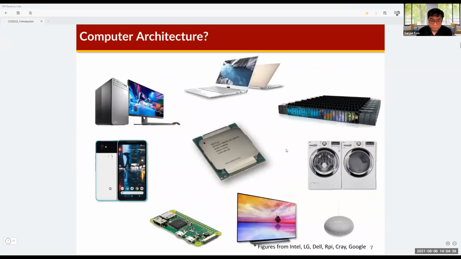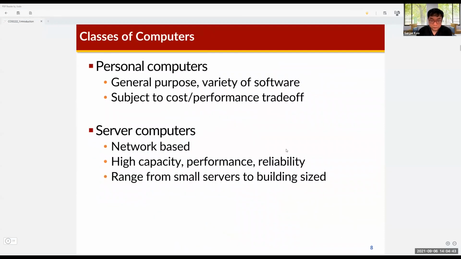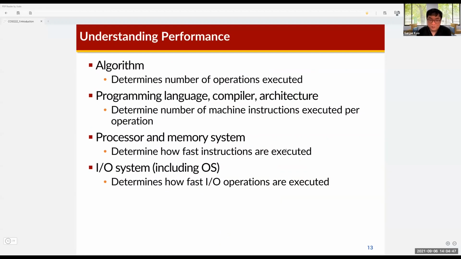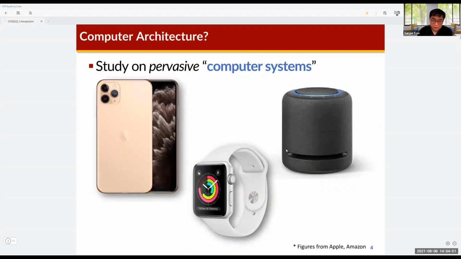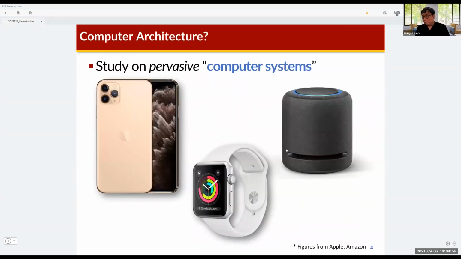Okay, I believe we learned until this slide. We learned that these are all computers.